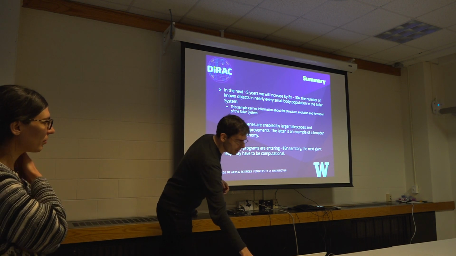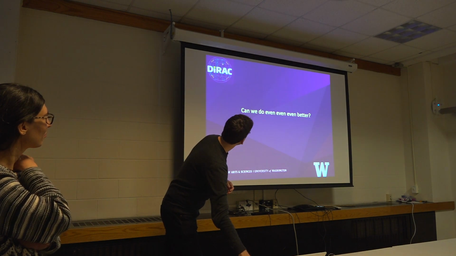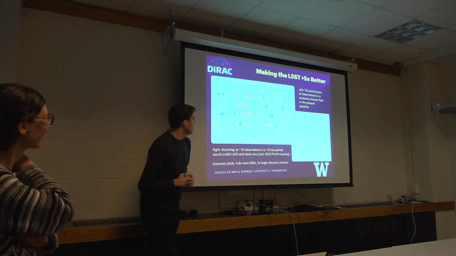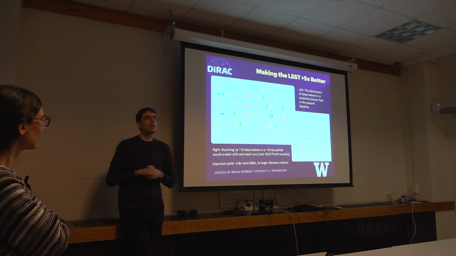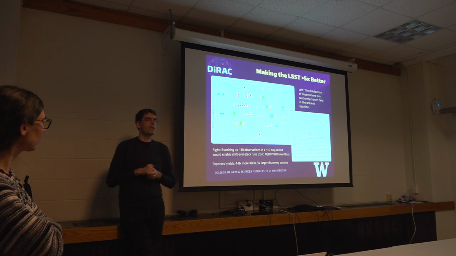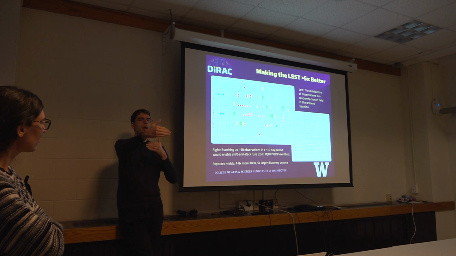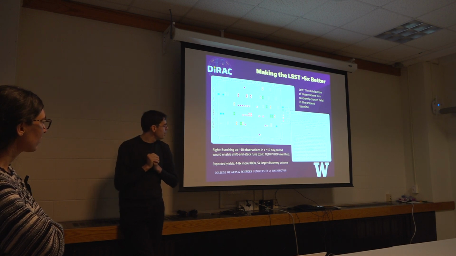And one of the things that I didn't get to, but I'll use this opportunity to mention, is that we're looking at whether we can stack the individual images using shift and stack techniques in the outer solar system to push deeper.